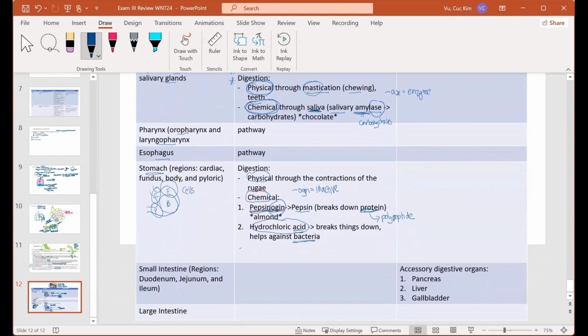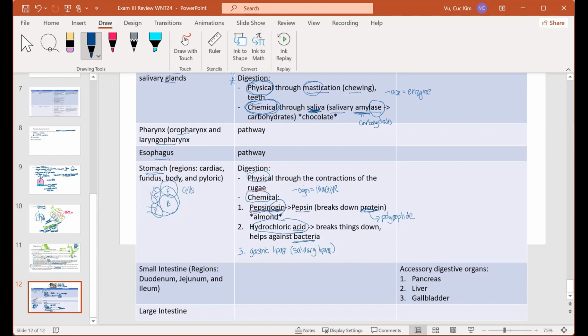You also have gastric lipase and to some point salivary lipase. The salivary lipase is actually a component of saliva, but it doesn't activate until it has a certain pH requirement, which it meets in the stomach.